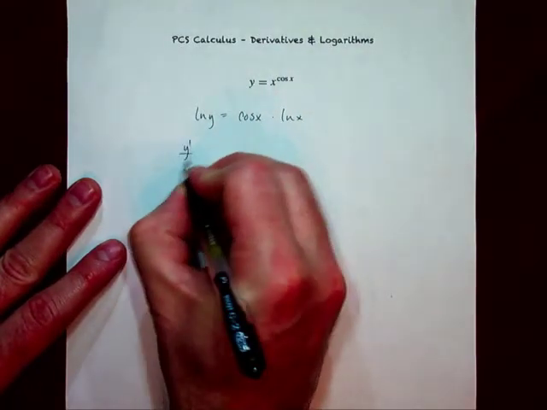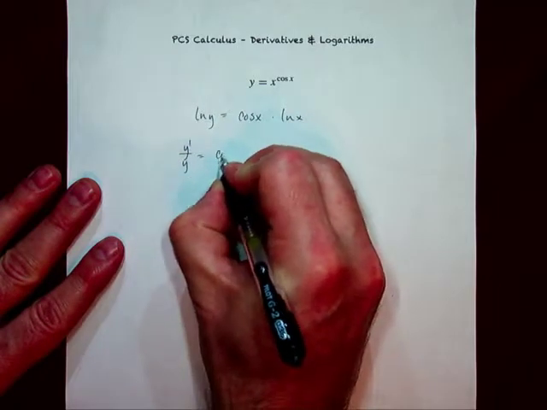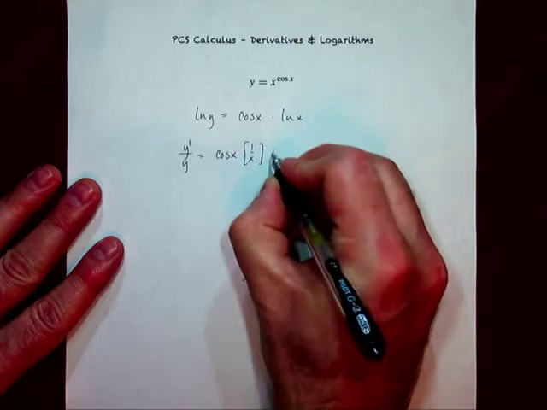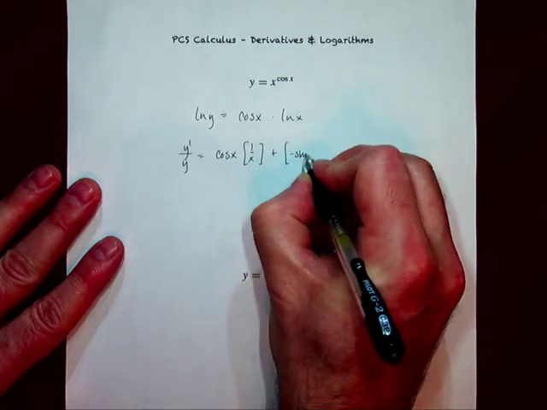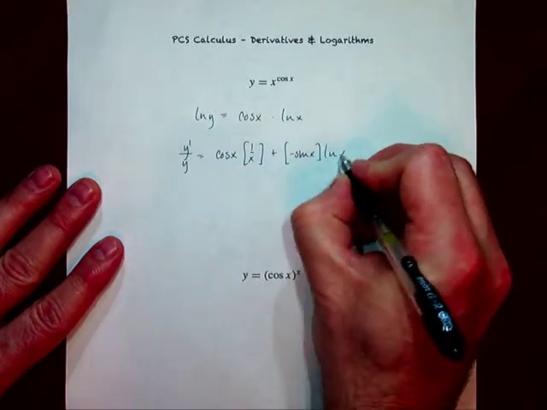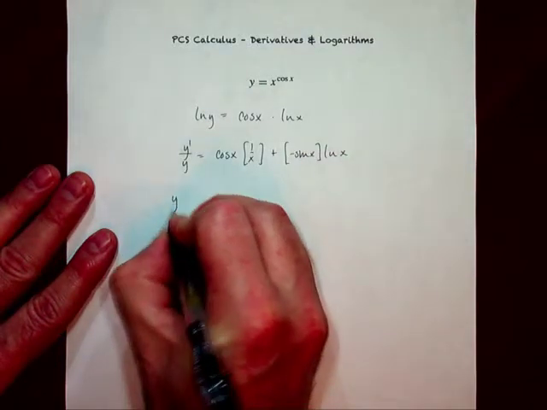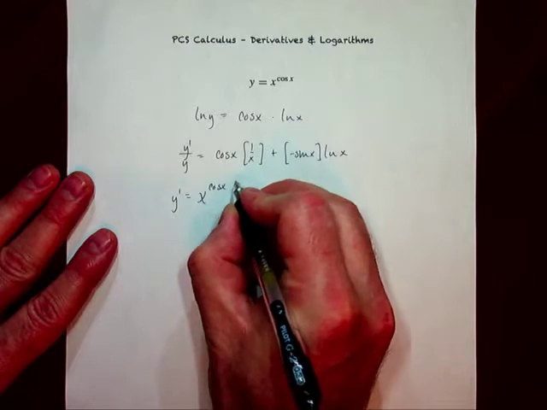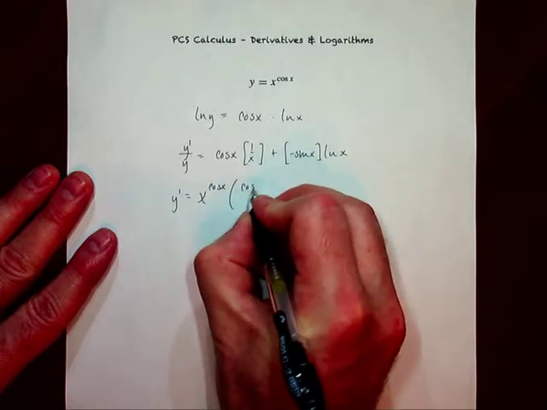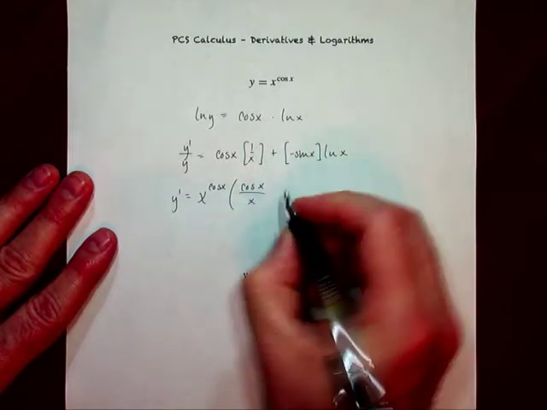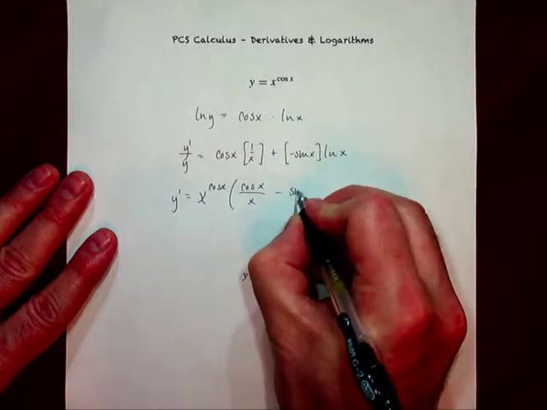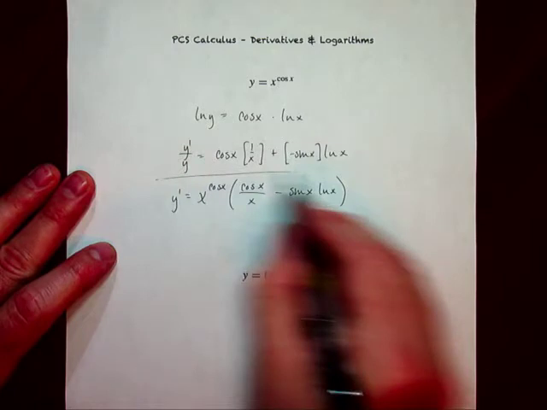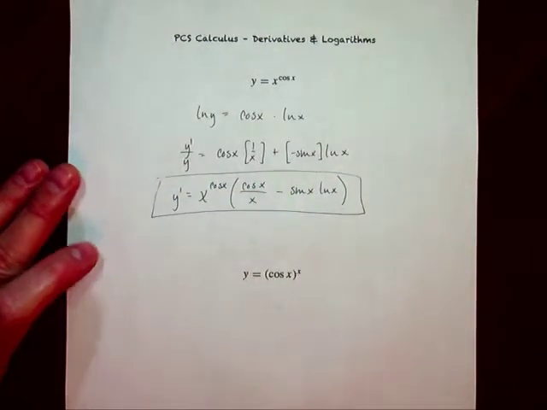So y prime over y, we have the first times the derivative of the second plus the derivative of the first times the second. And I have y prime is equal to x to the cosine x, and you can simplify this first one however you want. I would choose to put it as cosine x over x minus sine x natural log x. And that right there is your derivative.